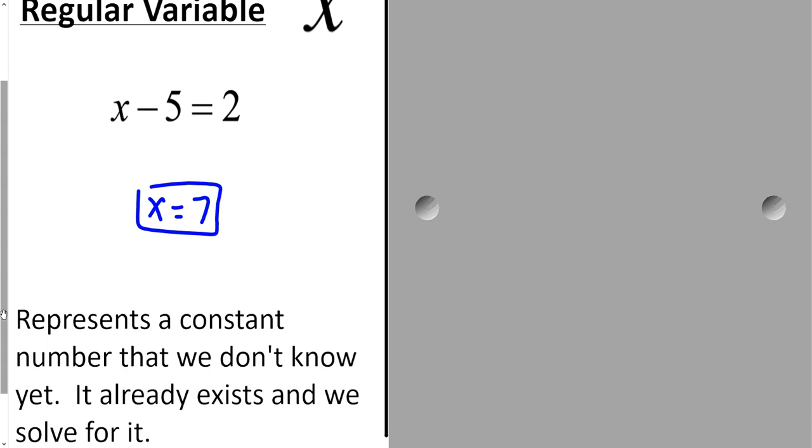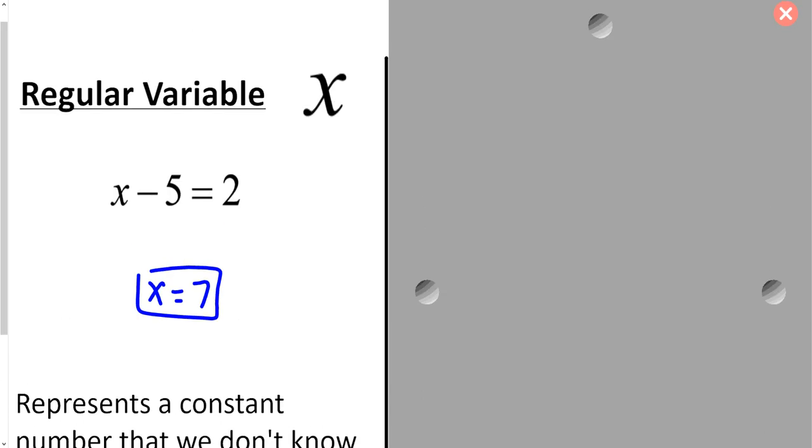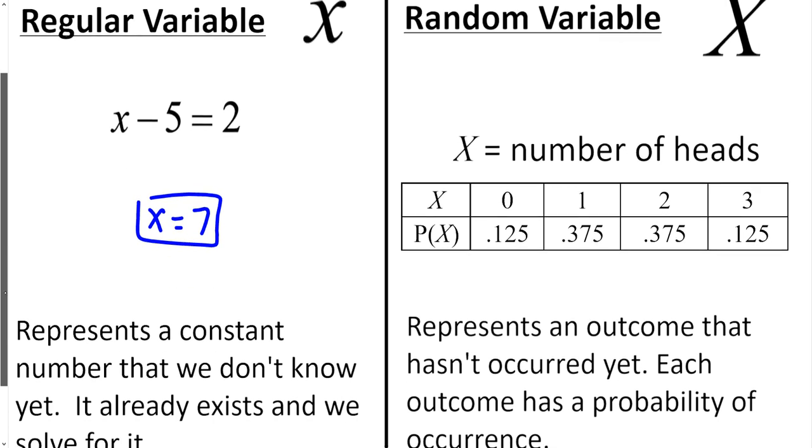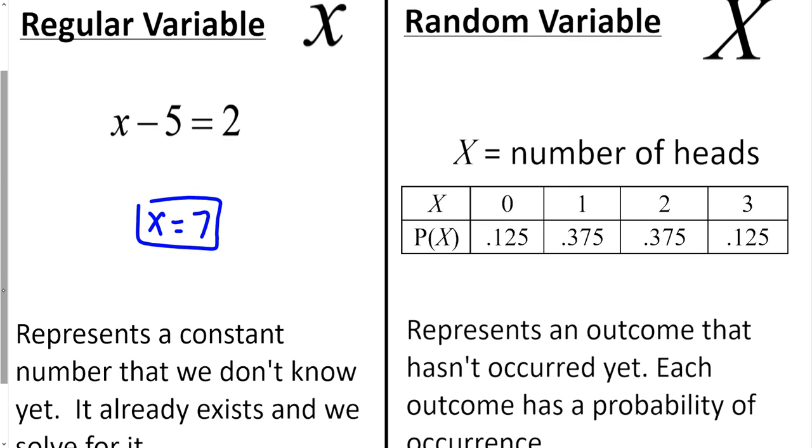Whereas random variables typically are going to be used as a capital X. So keep that in mind. This is going to be a capital letter. And it's something that hasn't even occurred yet, so it can be multiple different things.